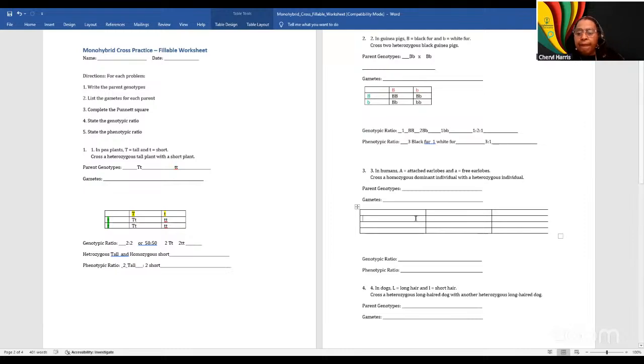But anyway, I'm going to put a capital A here, because one parent is homozygous for having attached earlobes and the other one is heterozygous. So it's going to look like this. Which means in this box, we're going to have a capital A and a capital A. And the one underneath is going to be a capital A and a lowercase a.